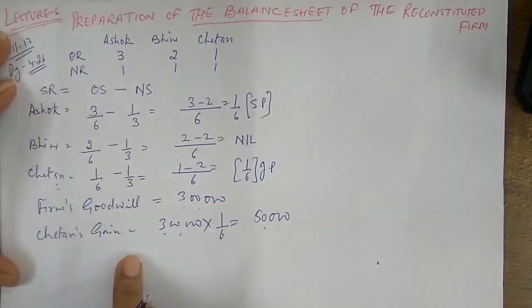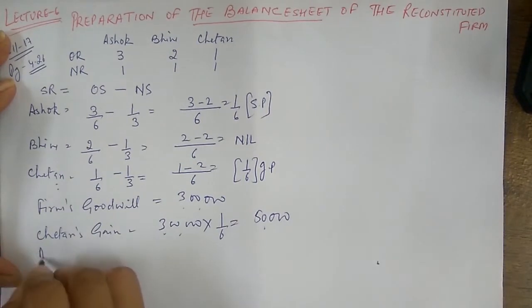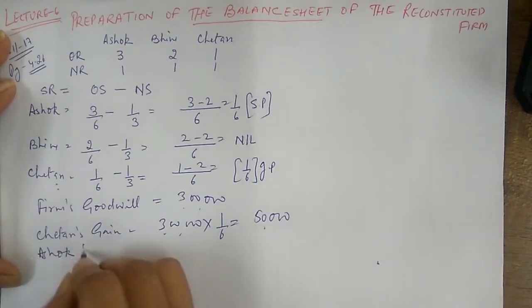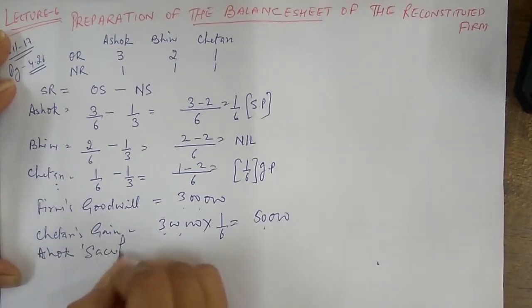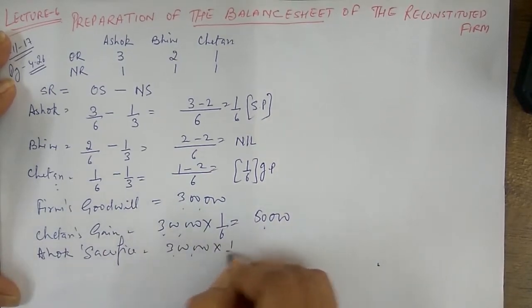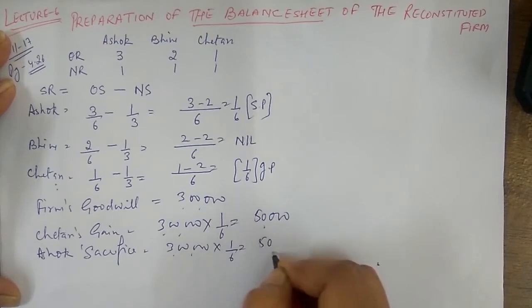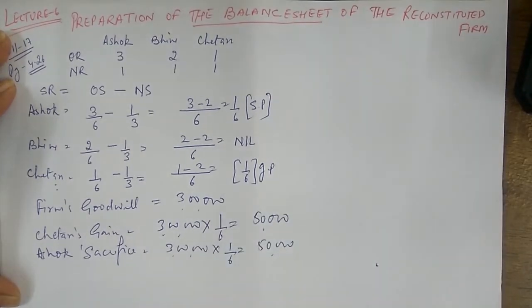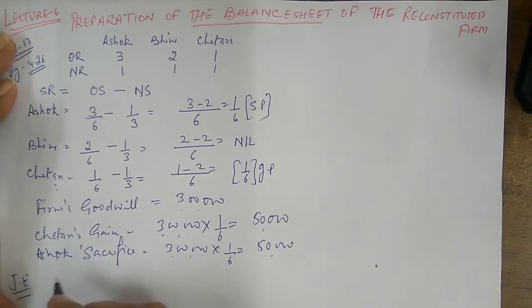Bheem is not affected, but Ashok is the sacrificing partner. Ashok's sacrifice should be the same amount because he has the same share. Clear, bache? So for this, we have a journal entry, that is gaining partner to sacrificing partner.